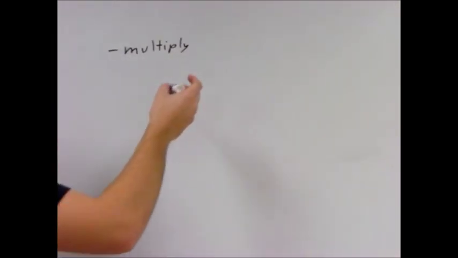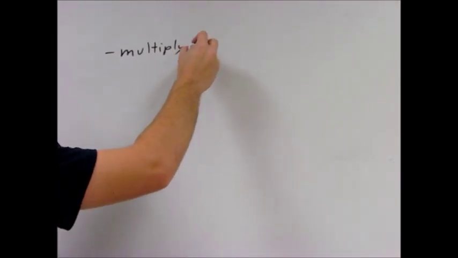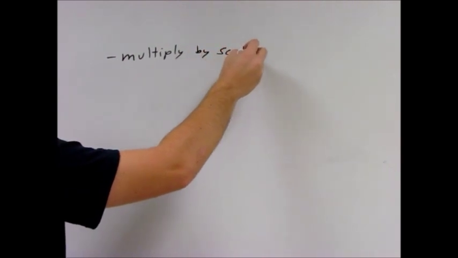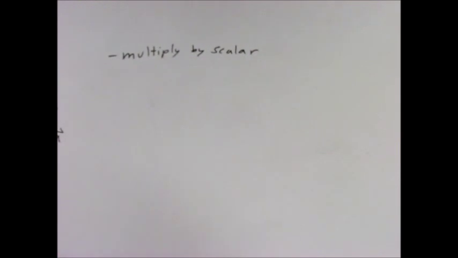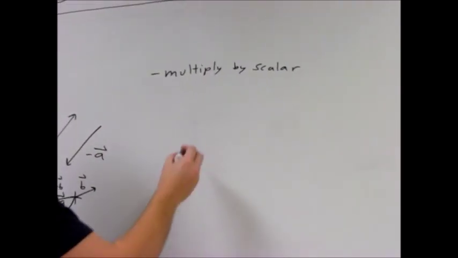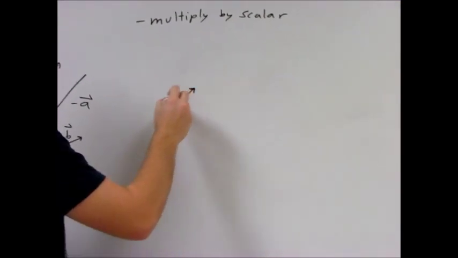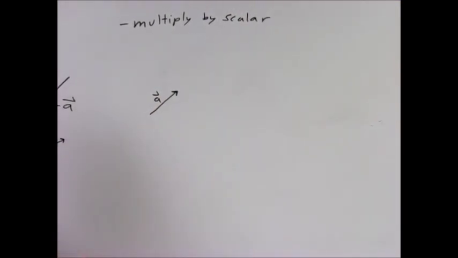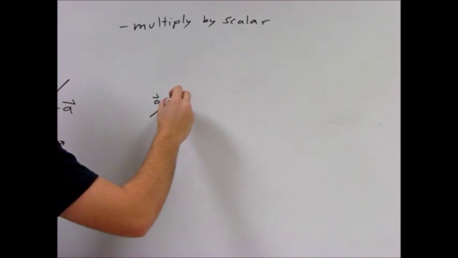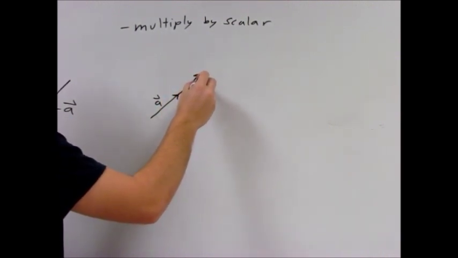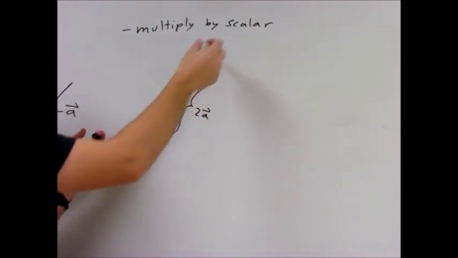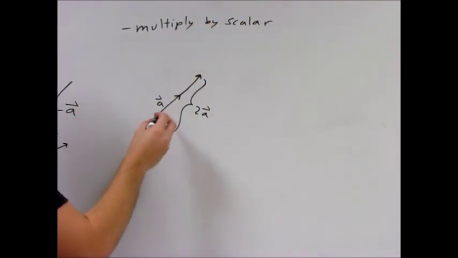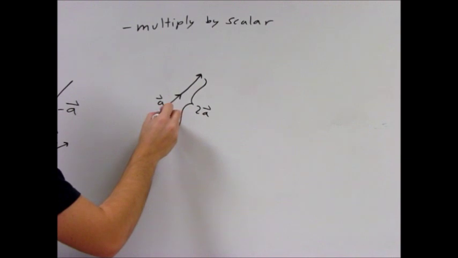But you multiply them by a scalar, which is a regular number, like 5 or 12. And how you do that is pretty simple. Basically, if this is a vector A, then 2A, you just have twice the length. 3A, 4A, half of A would be half the length.